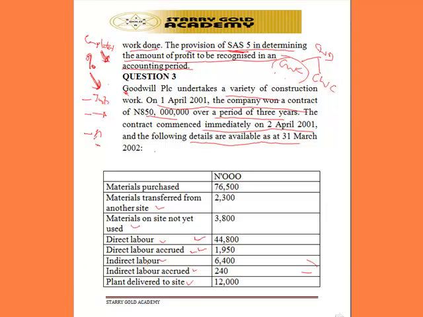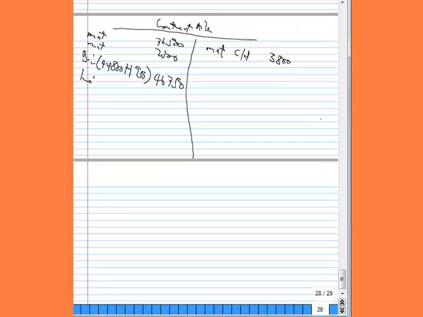We have indirect labor 64 plus accrued 240. That's $6,640.